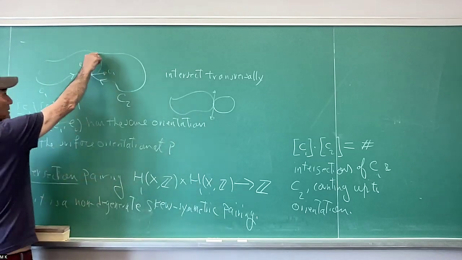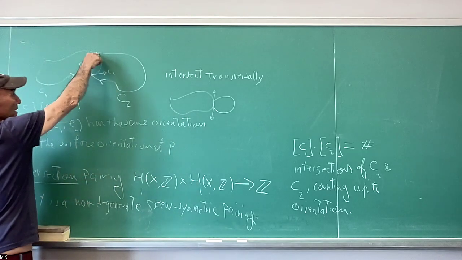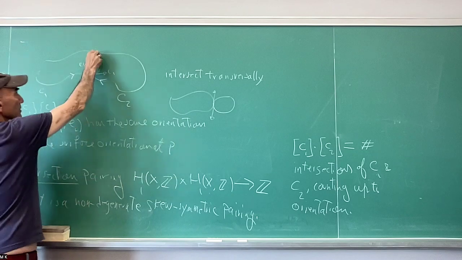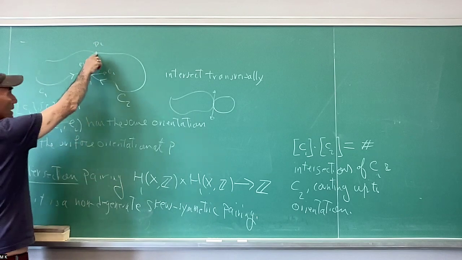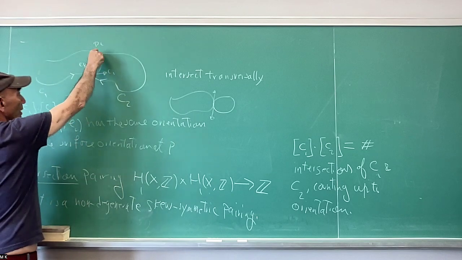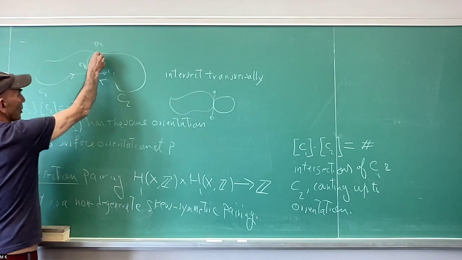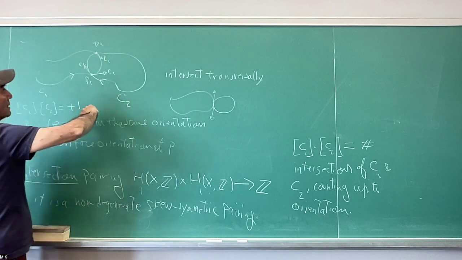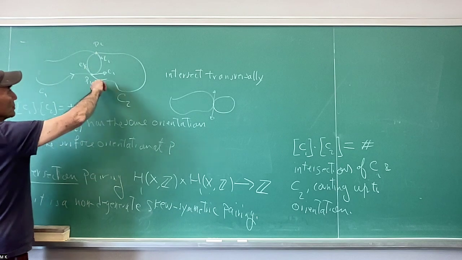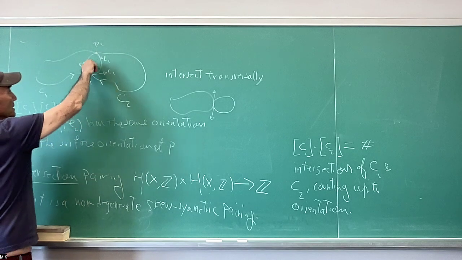Now, let's see what happens at this point. This is P1. Let's look at point P2. If you look at point P2, here is E1 now again, so let's call it F1, and for E2, this is going in this direction.